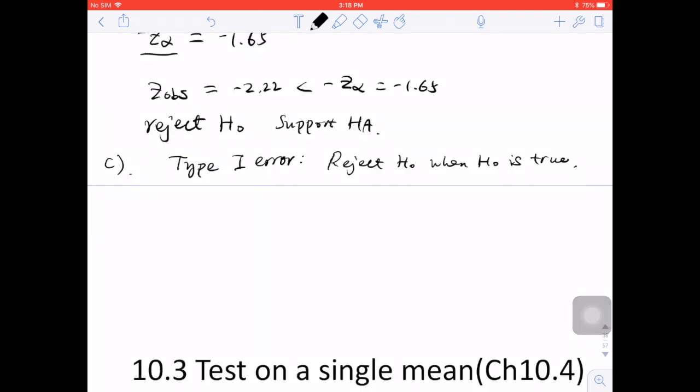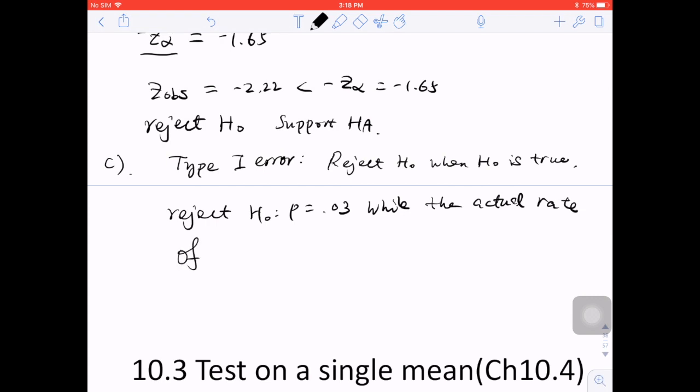You reject the null hypothesis when null hypothesis is true means you reject H0, that P is equal to 0.03, while the actual rate of twin births is 3%.